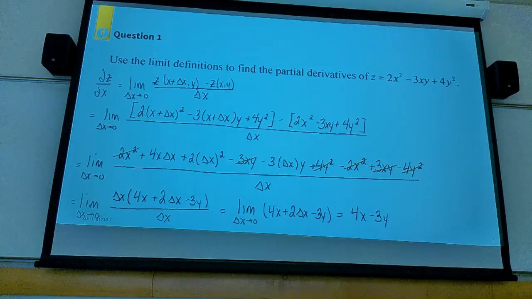Comment on notation. Is there a difference between those two?